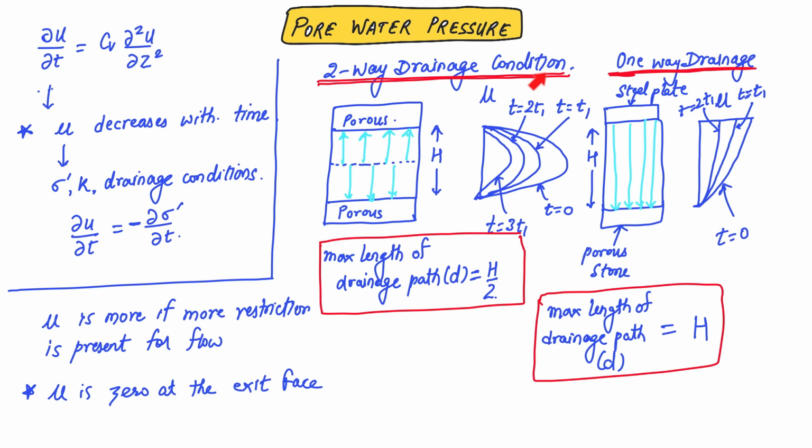But how much more? To quantify that, let us study another term. The other term that we are going to study here is known as time factor, that is indicated by Tv.